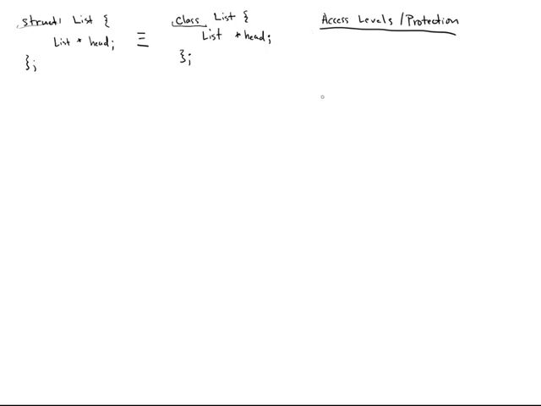The reason why you'd want to do that is you may want to hide implementation details. And so the three basic ones that we're going to talk about are public, private, and protected.